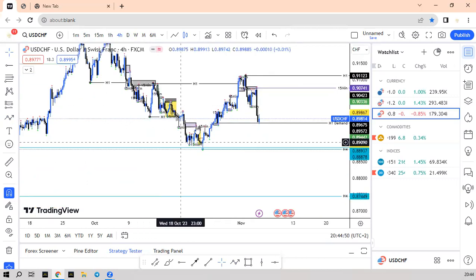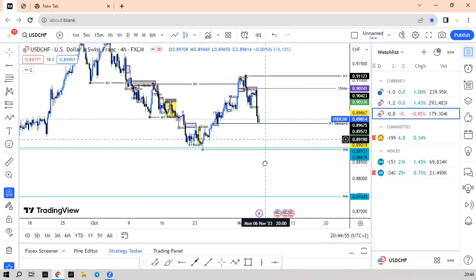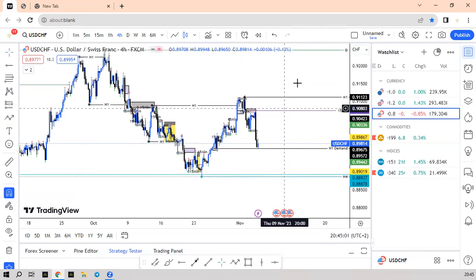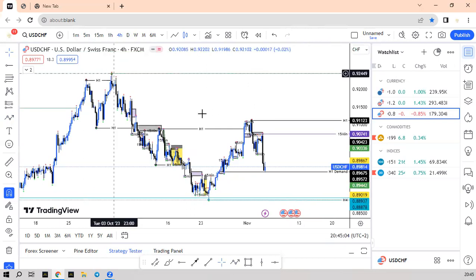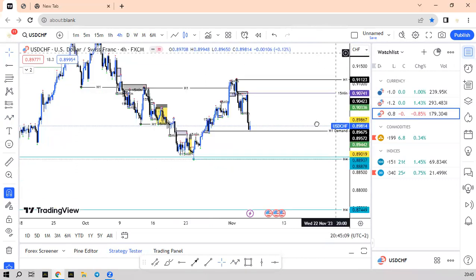So now it gave us a confirmation for this range for a buy. Currently we have a buy limit somewhere here for a long-term buy. You understand? For a long-term buy, where are we targeting?